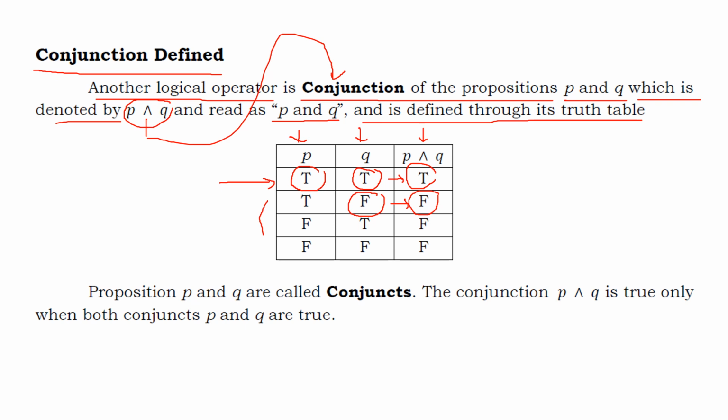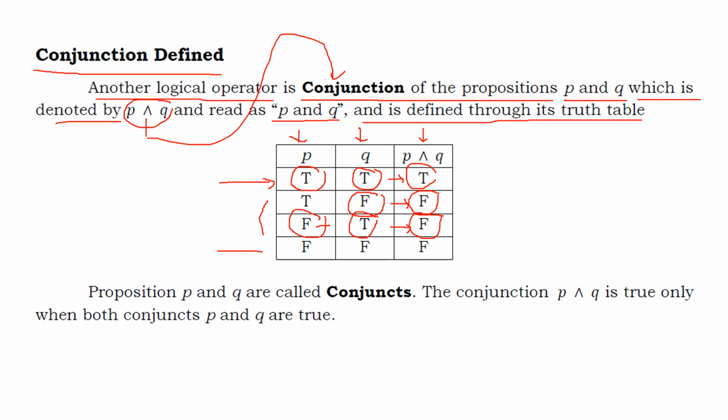It's the same thing for your fourth row here, where the truth value of your P proposition is false and the truth value for your Q proposition is true. Meaning, one of the truth values between P and Q is false, so it's automatic that the truth value for the conjunction of P and Q is false.